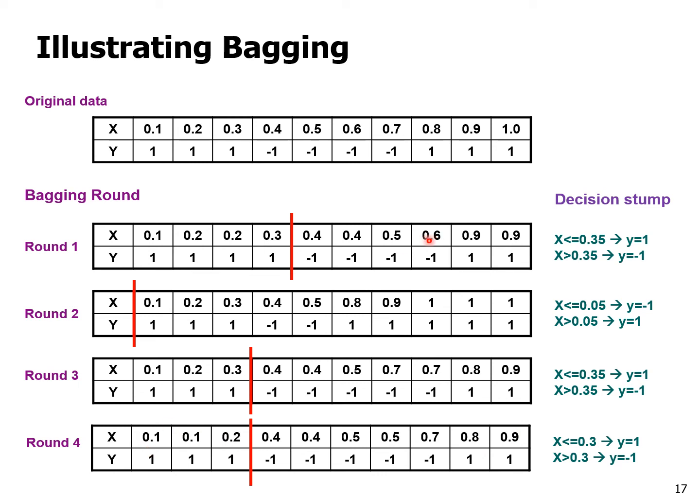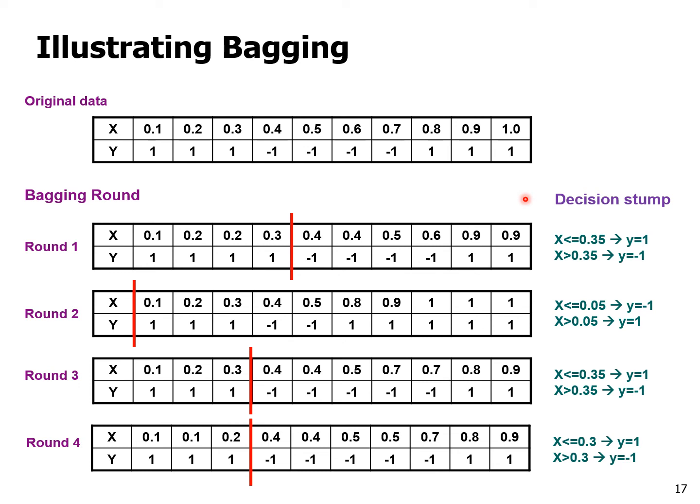In bagging, for each sample here, we create a classifier. In this particular case, we're going to use a decision stump, which is the simplest classification method.